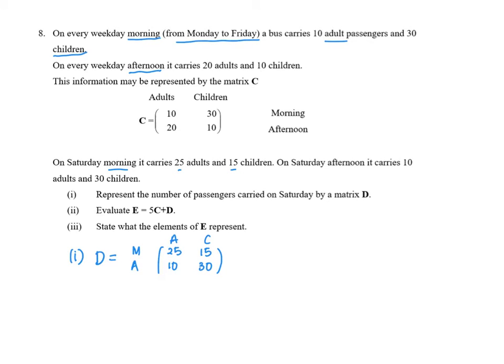Next part, part 2, evaluate E to be 5C. What is C? C is the number of passengers on weekdays. Why do I have 5C? So that means I will have 5 weekdays, which is Monday to Friday, and then 1 Saturday.